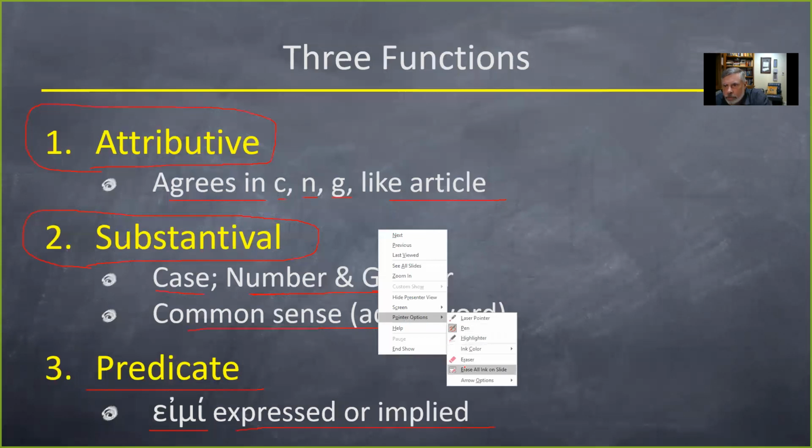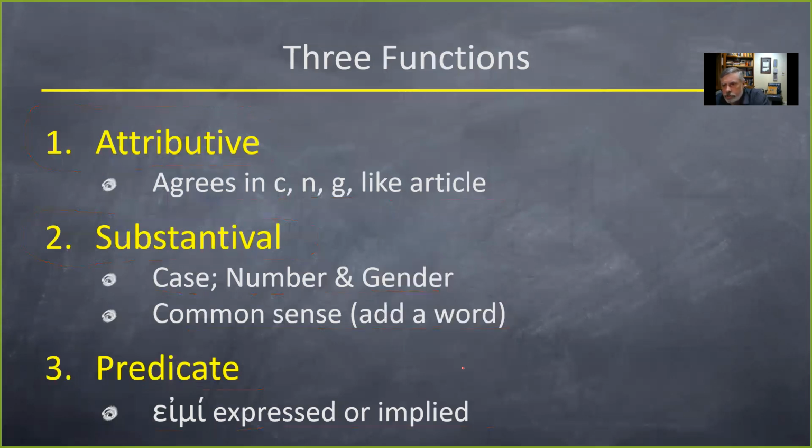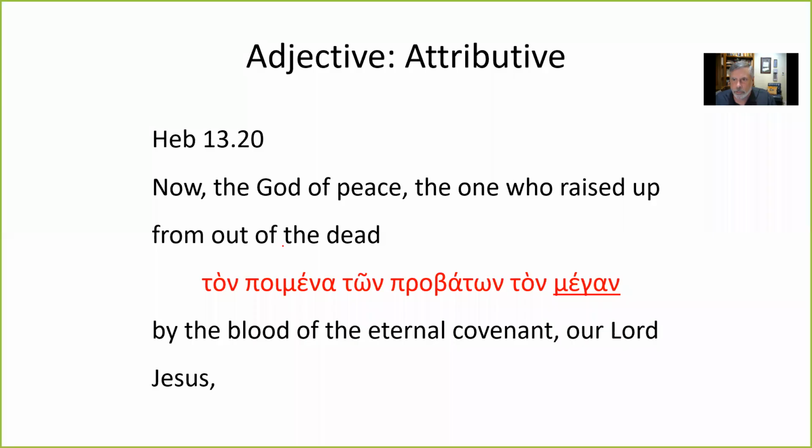The key that I want you to recognize is that the adjective is very flexible in its case endings, so that it can agree with the noun it's modifying, or can function substantively as the noun that it's intended to be. In other words, it's intended to be the subject, nominative, or direct object, accusative, whatever the case may be. And so as we go through the next slide, we'll begin to see some of that.